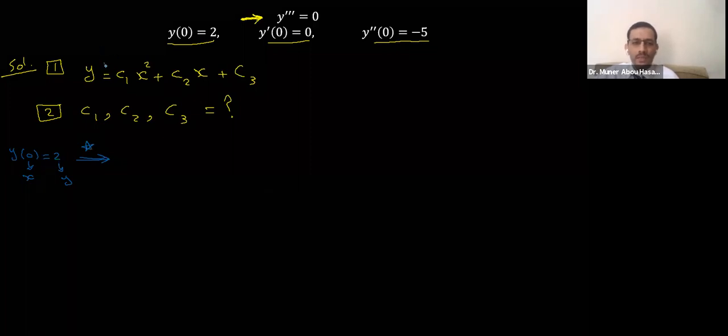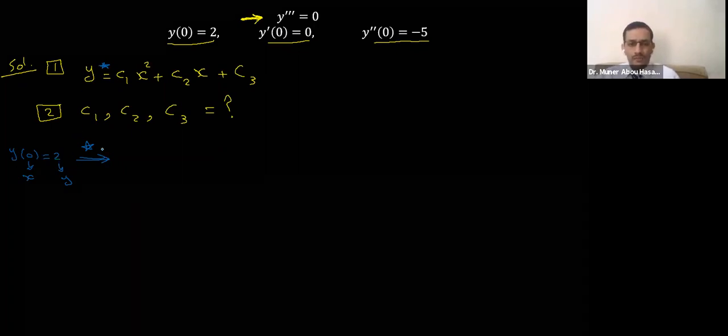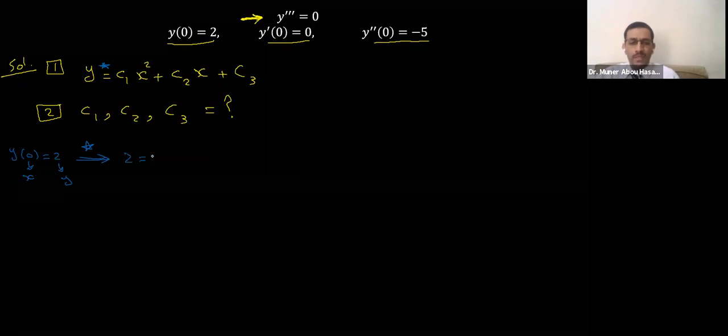Together now, focus please. Instead of y, you have 2 equals C1 times instead of x, 0, 0 squared, plus C2 times instead of x, 0 also, plus C3. That will give you C3 equal to 2. I found the first constant.